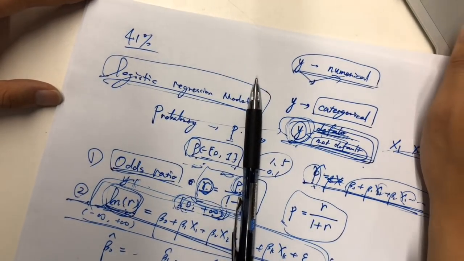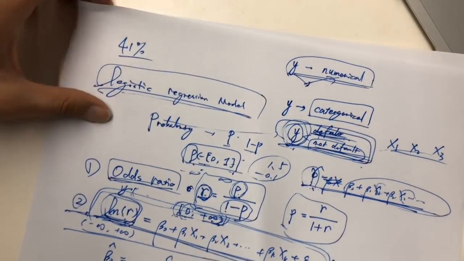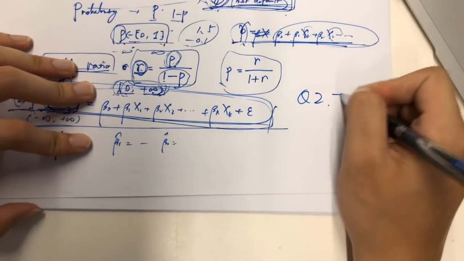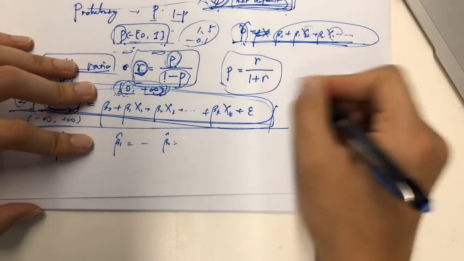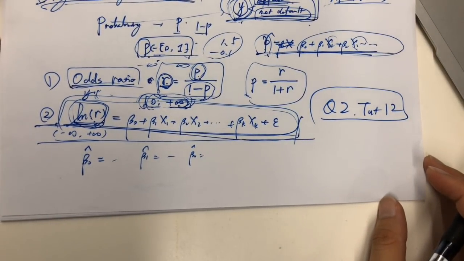Okay, now I've got the tutorial 12 questions with me. Please look at question 2 in tutorial 12. You can see a very good example of logistic regression. Now let's look at question 2 together.